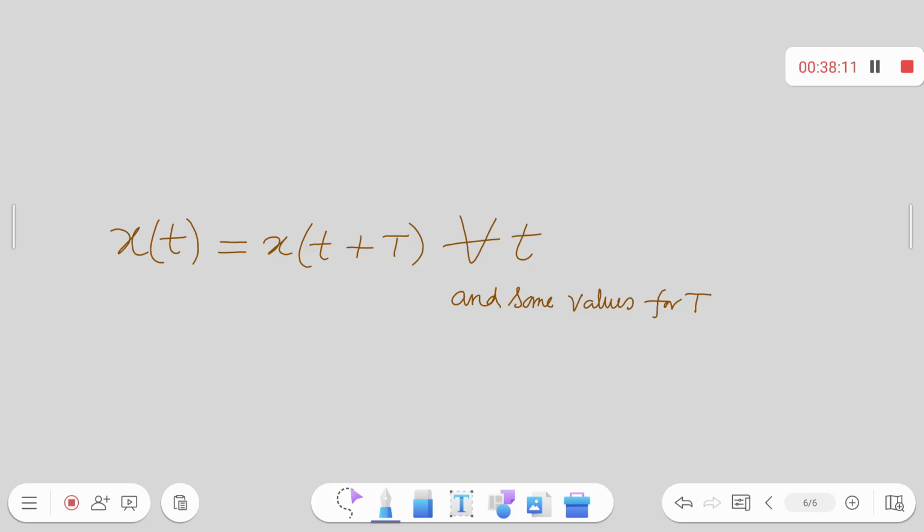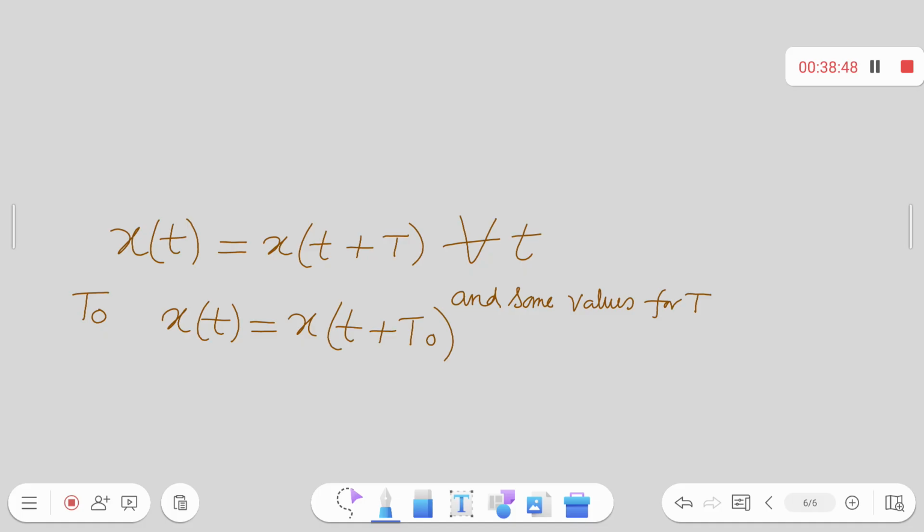Now the minimum value of capital T for which this condition holds good is known as the fundamental period. Suppose this value is equal to T0. So x of t is equal to x of t plus T0.